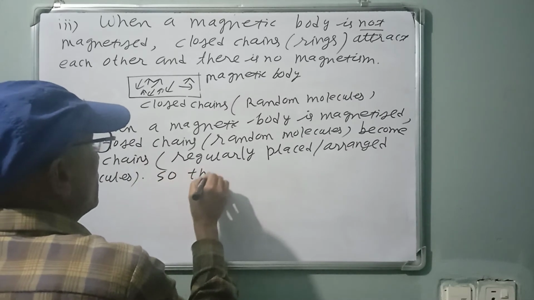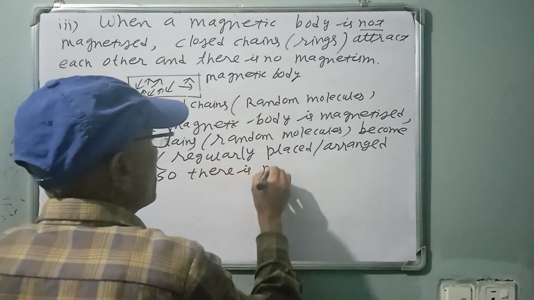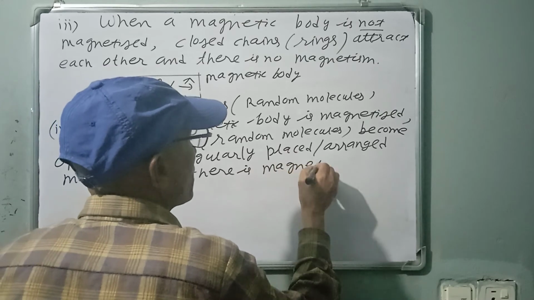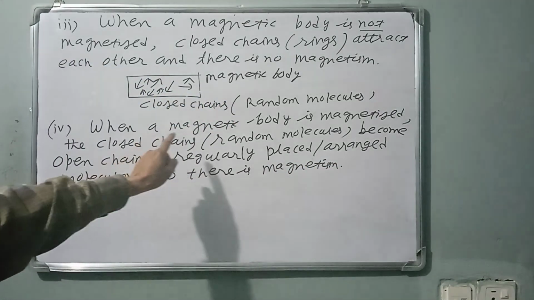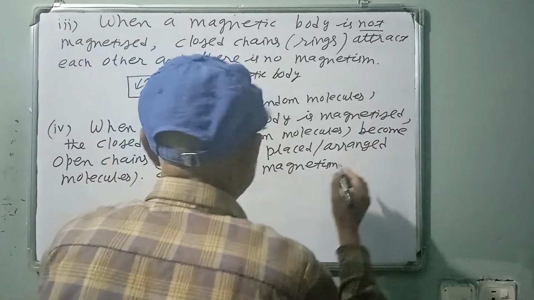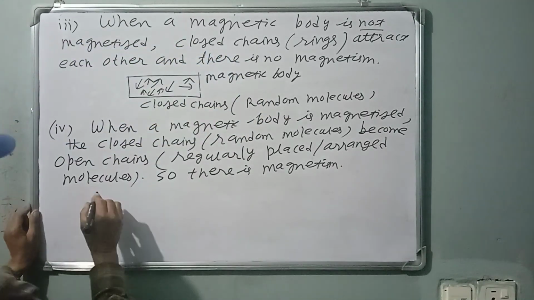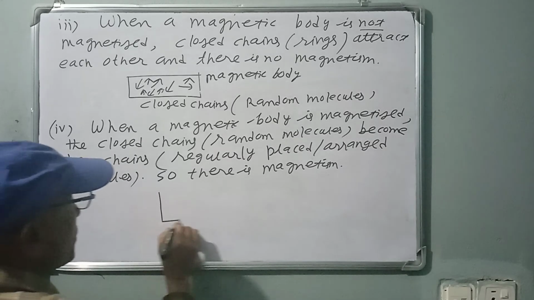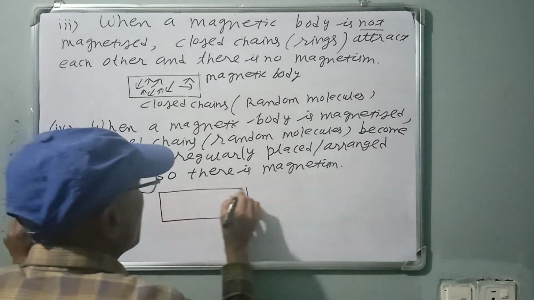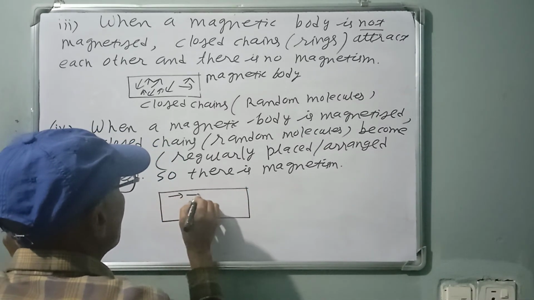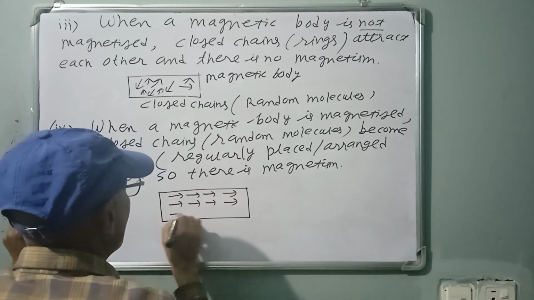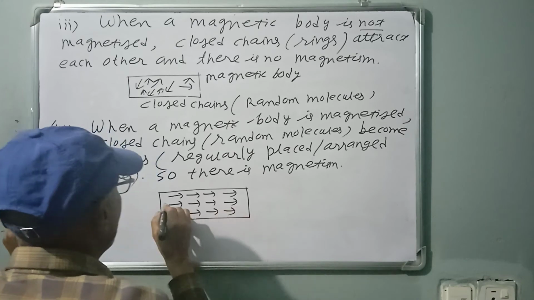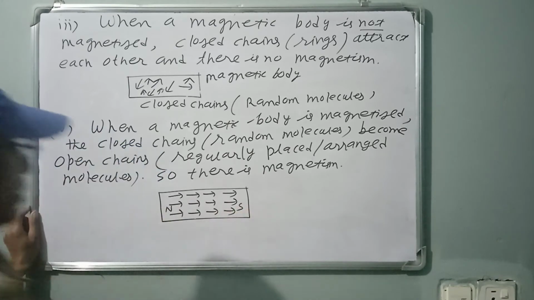So there is magnetism. There is magnetic force. Why? Because the poles are free to attract. See, north pole and south pole.